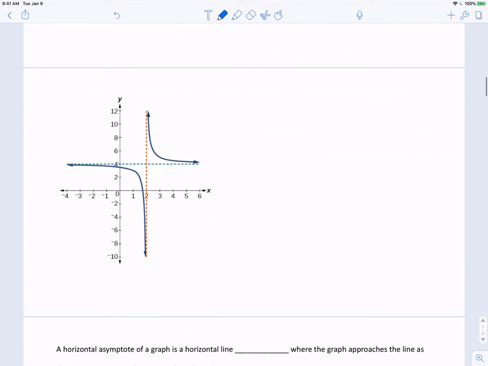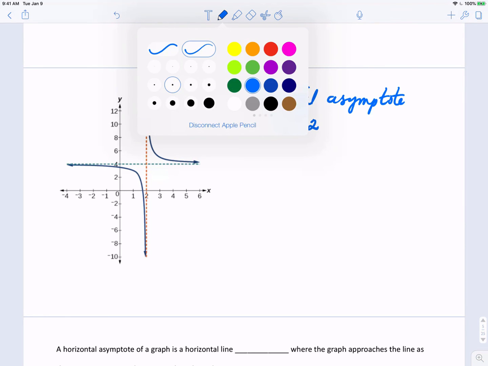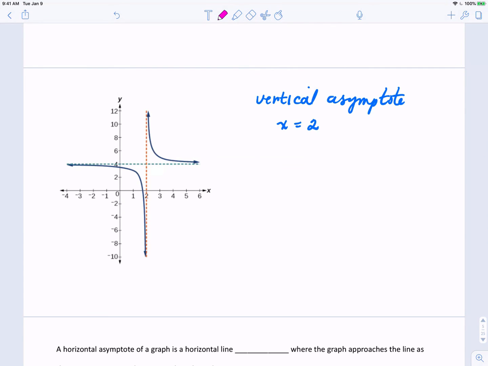So let's take a look at this example here. So for the vertical asymptote of this function, notice that as we approach the line x is equal to 2, let's do it from the left-hand side. As we get closer and closer to 2, notice that the function is going more and more negative.